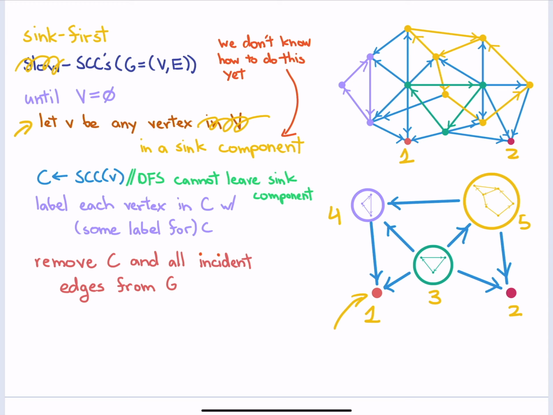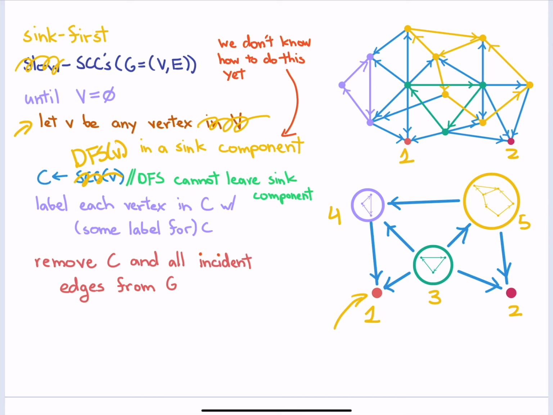So I can actually just call depth first search instead of SCC, which is even simpler because SCC had 2 depth first searches, including in the reverse graph. So one thing is that I can take this line and replace it with depth first search V, because depth first search will never leave the sink component. So now I just call depth first search on everyone who's in the same component, and then I'll rip that out of the graph.